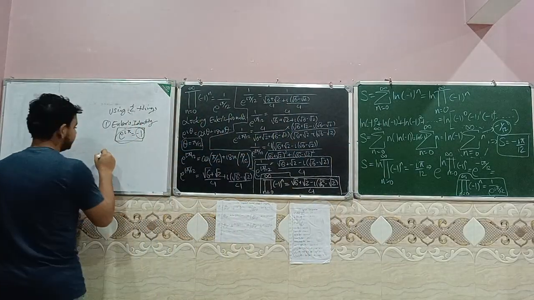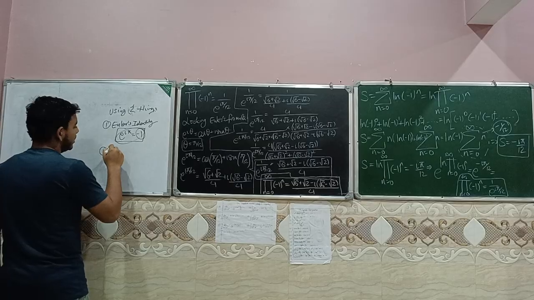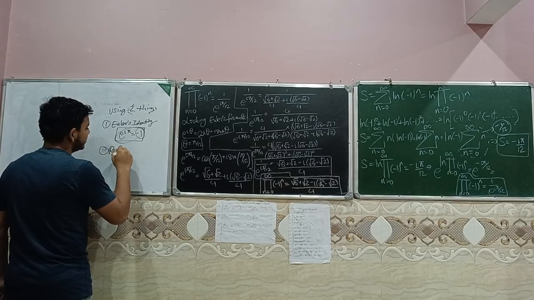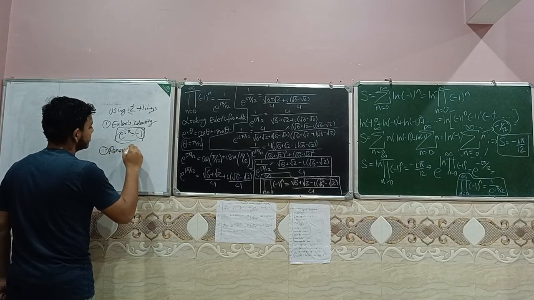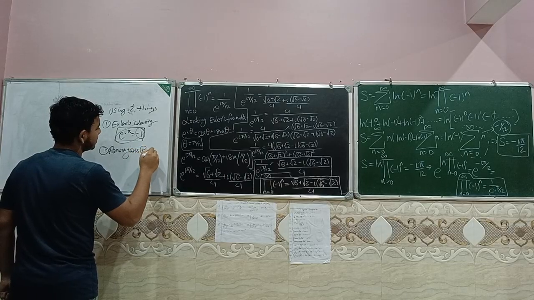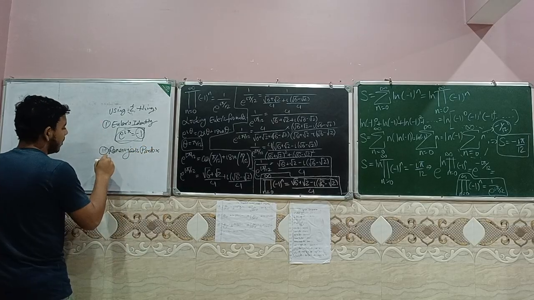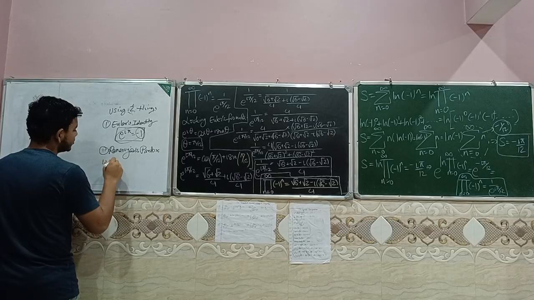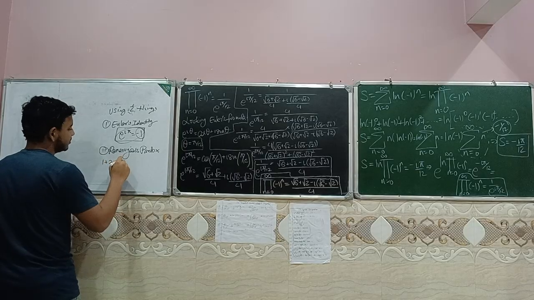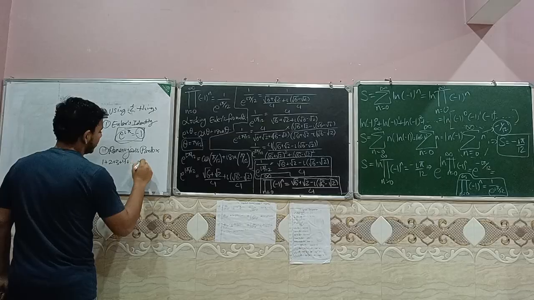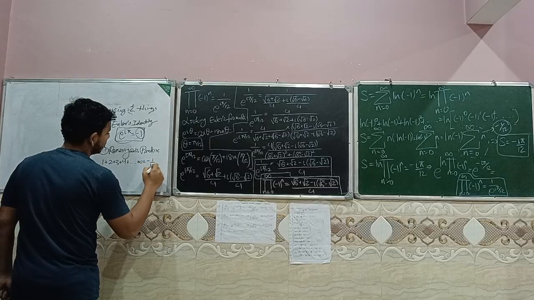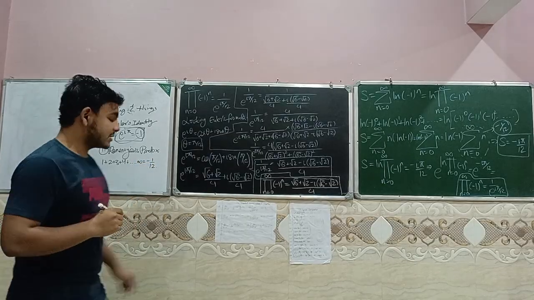And the second one is, we are going to use the famous Ramanujan paradox that says that the sum of all natural numbers, that is 1 plus 2 plus 3 plus 4 and so on to infinity, is -1/12. Well, it's not proven.